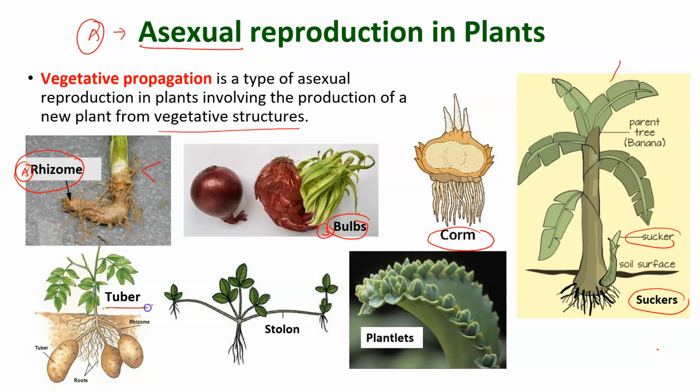Then you have tubers, stolons, and also plantlets. When you grow these vegetative structures, the offspring produced will be genetically similar, with the same genetic composition as the parents.